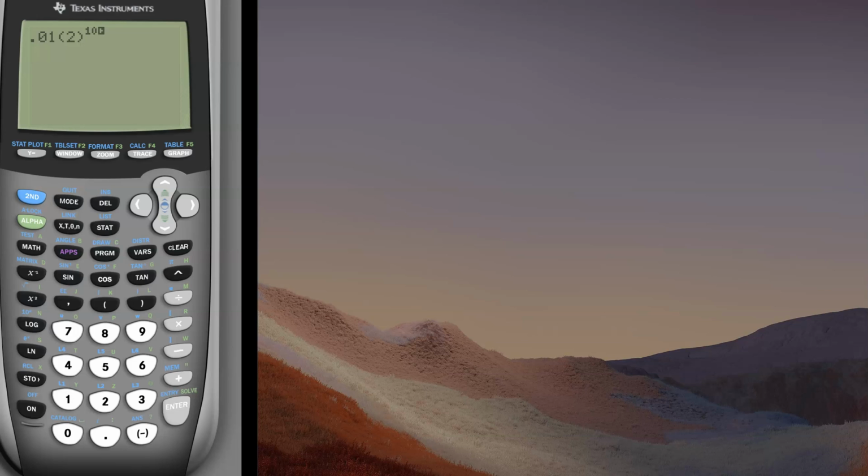This caret looking button is how you get to the exponent, and it's above the division symbol on a TI-84. It might be somewhere else if you have a different calculator. So now I'm going to press enter, and it gives me 10.24.